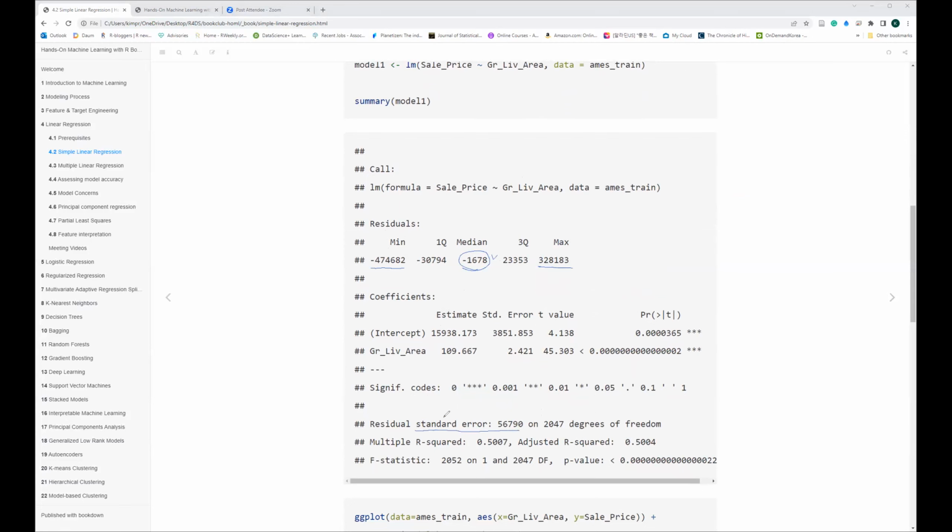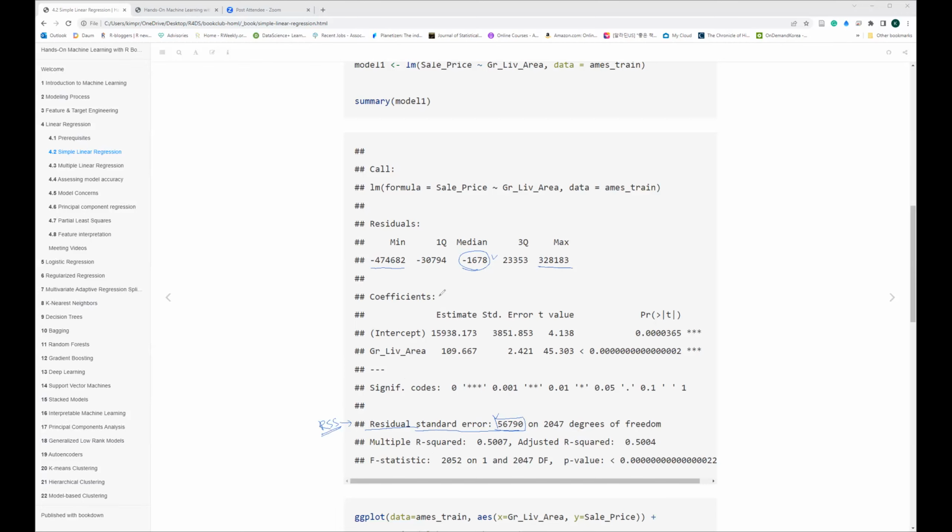This residual standard error is related to the RSS. The 56,790 is the RSS, which means this might be the sum of the residual squared errors for the best fitting line.